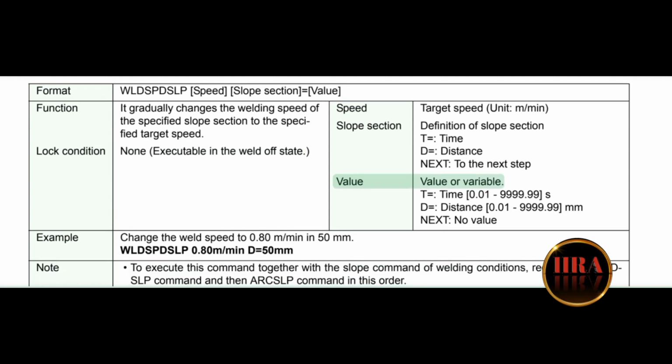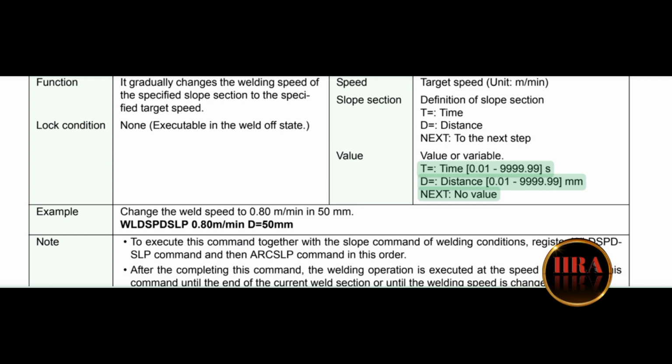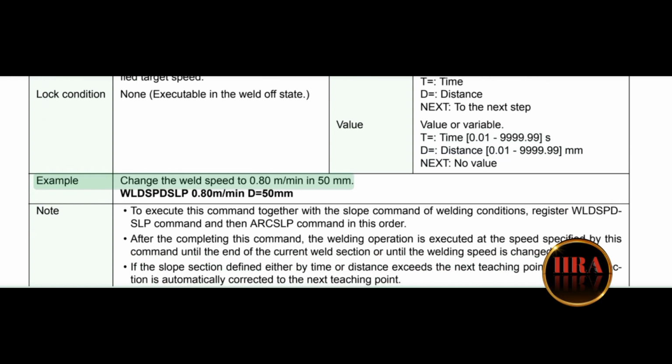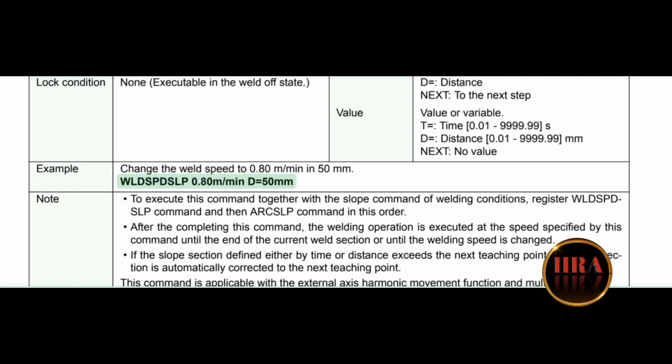Value or variable: t equals time, 0.01 to 9,999.99; d equals distance, 0.01 to 9,999.99, next, no value. Example: change the weld speed to 0.80 meters per minute in 50 millimeters. WLDSPDSLP 0.80 meters per minute, d equals 50 millimeters.